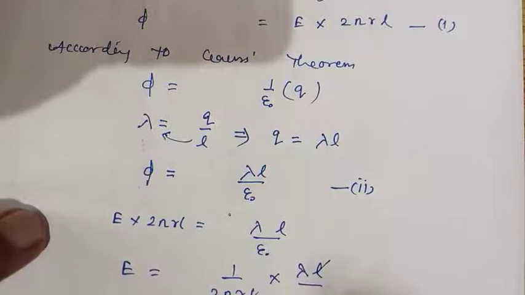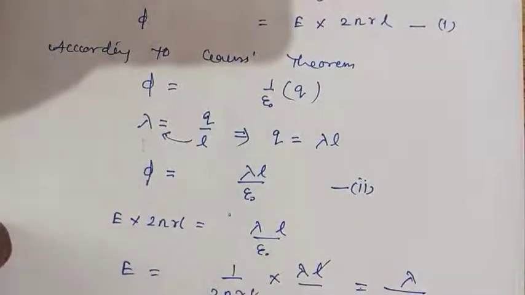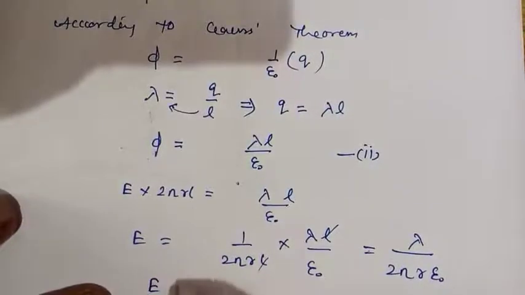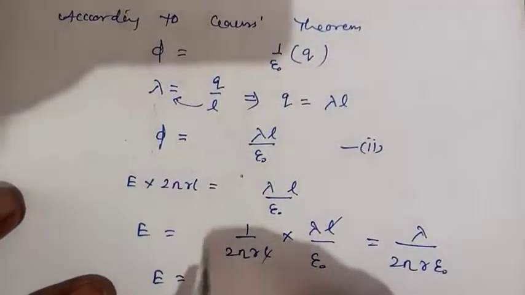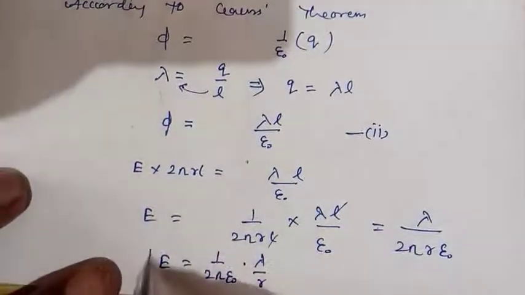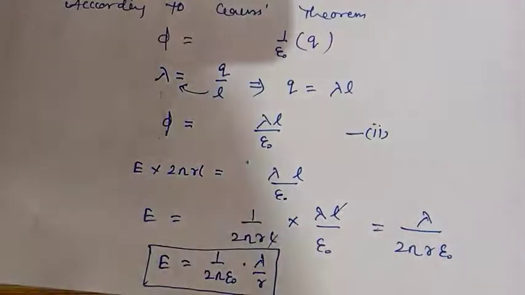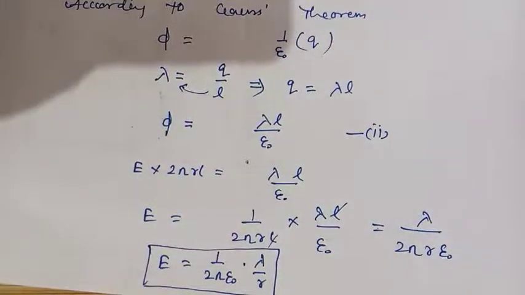L will cancel out and you will be left with 2 pi r epsilon 0. You can write it in a simple way: E equals 1 upon 2 pi epsilon 0 times lambda upon r. So this is the electric field due to a line charge, or due to a thin infinitely long straight wire.